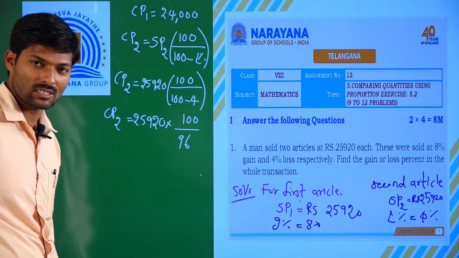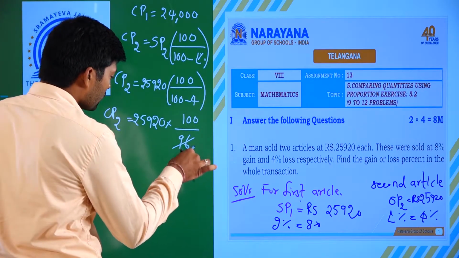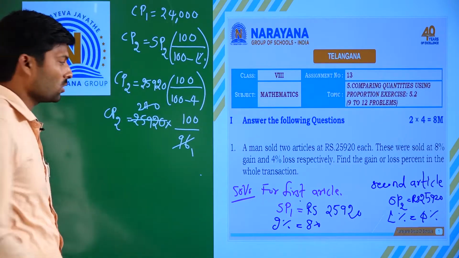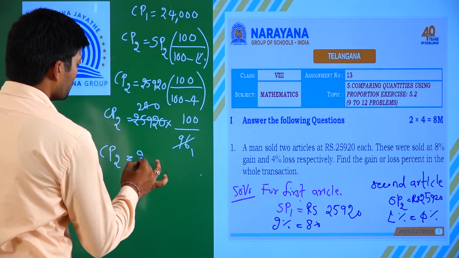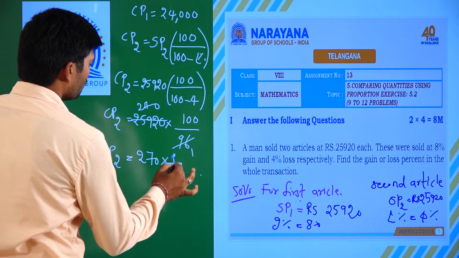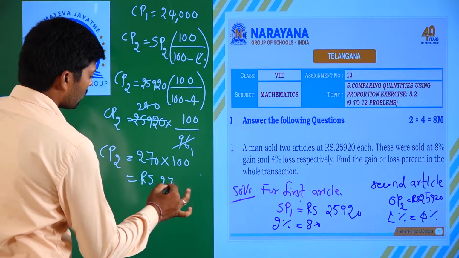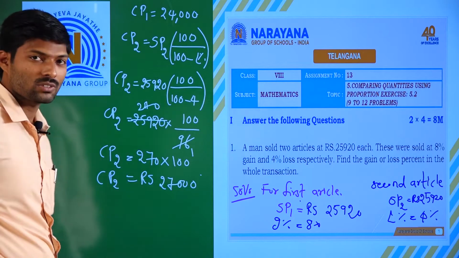Okay. So here 25,920 is divisible by 3, so 96 will directly get cancelled with 270. Now what is the product of these two? This is the product of 270 into 100. So it will become 27,000. It is nothing but the cost price of the second article.